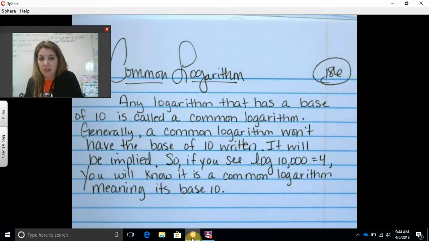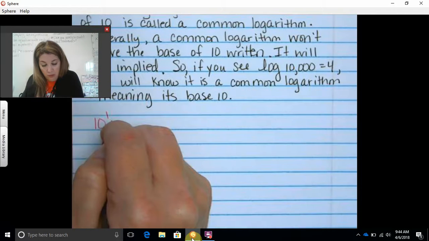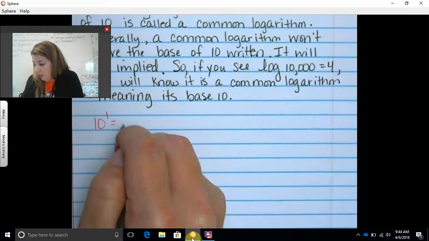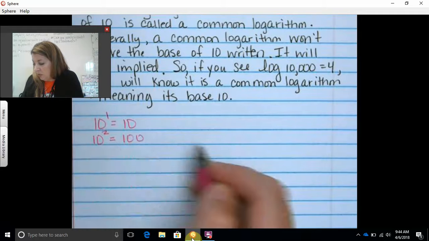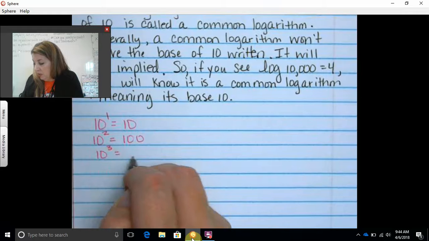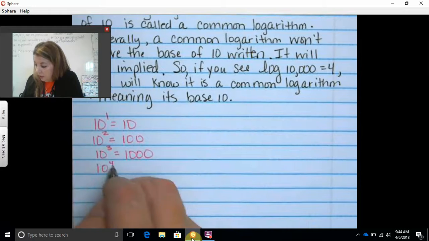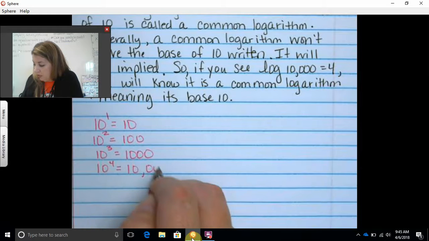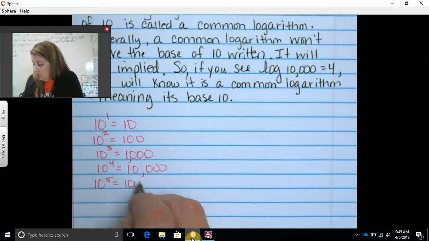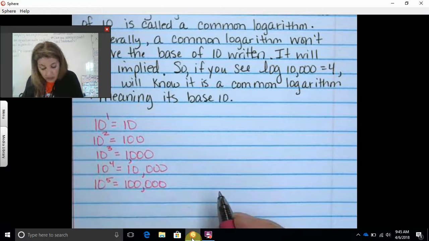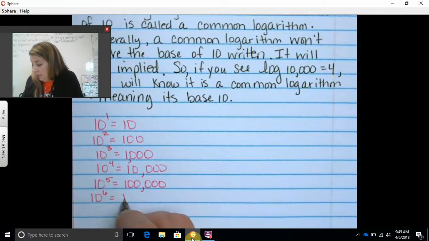So just as a quick review, and so you have this in your notes, what's 10 raised to the 1st power? 10. What's 10 squared? 100. Notice 2 zeros. What's 10 cubed? 1,000. 3 zeros. 10 to the 4th power? 10,000. 4 zeros. 10 to the 5th power? 100,000. 5 zeros. 10 to the 6th power? 1,000,000.